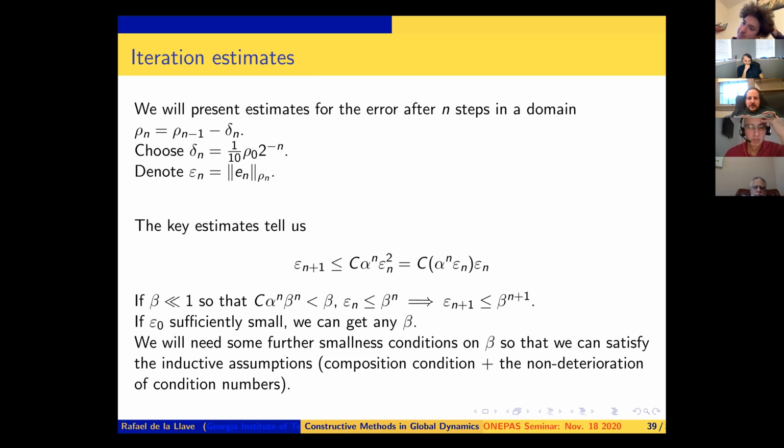So this alpha is known, and if you give me the alpha and you give me the C, which I have, I try to find the beta in such a way that this is true.